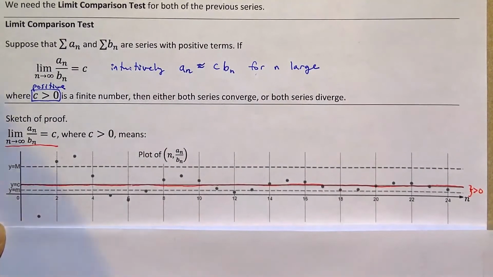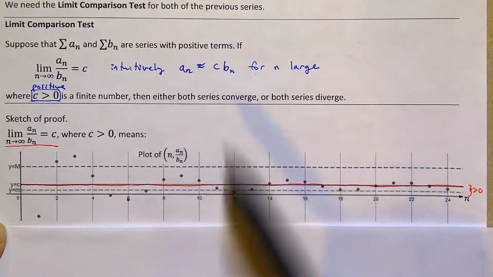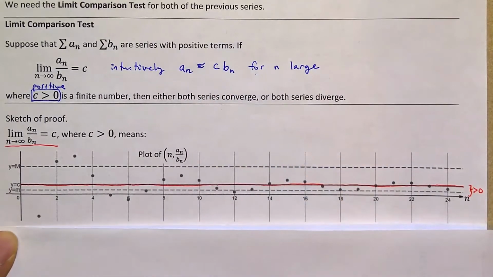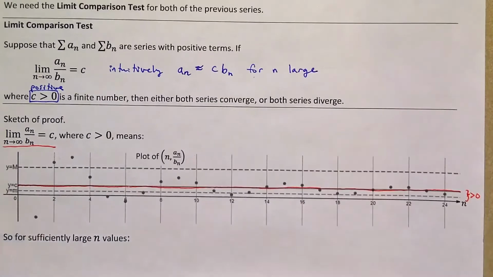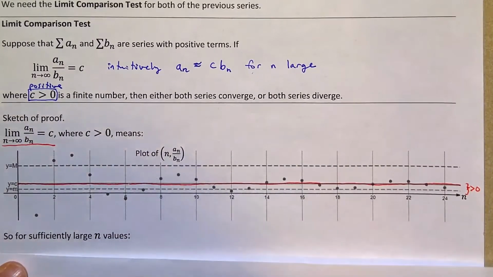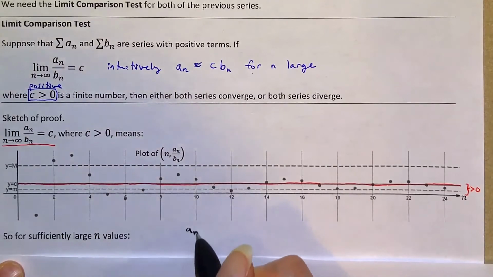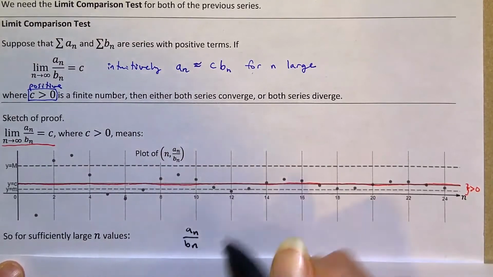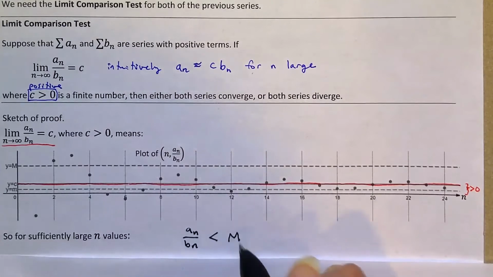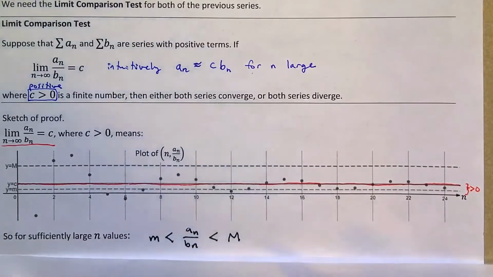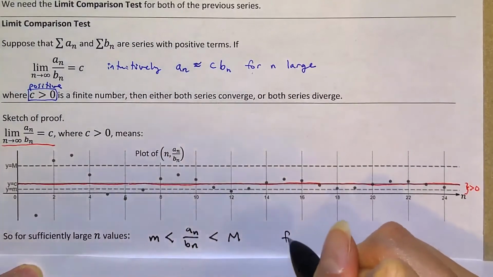So what this means is if we think of things like this, our terms an over bn, when n is sufficiently large, are always going to fall somewhere in between two positive numbers.